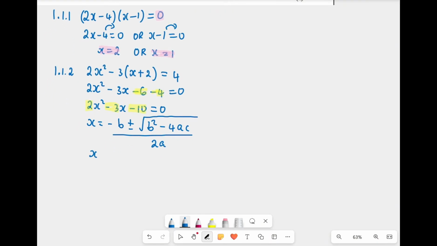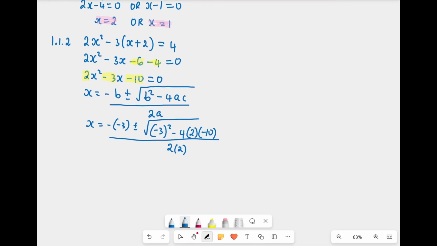So this will be x = −(−3) ± √((−3)² − 4(2)(−10)) all over 2 multiplied by our a, which is again positive 2.